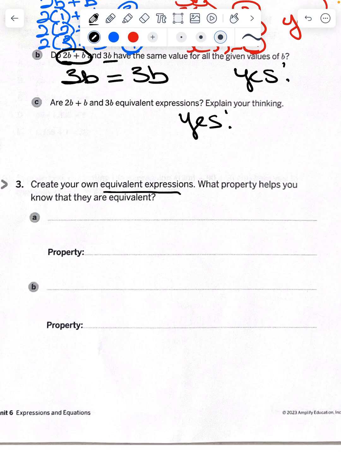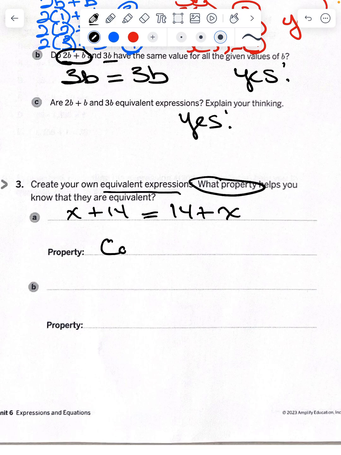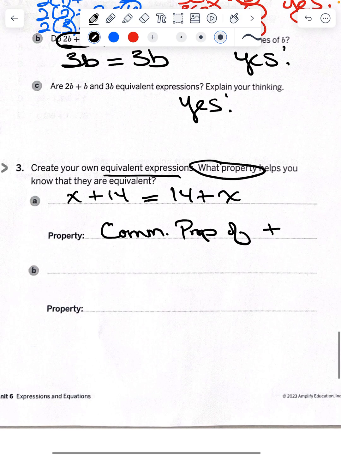So if I said x plus 14 is equivalent to 14 plus x, what property tells you that? Well, I commuted. I moved the problem around, x plus 14, then 14 plus x, so that would be the commutative property of addition. You could have also done 14 times x, x times 14, and that would have been the commutative property of multiplication.